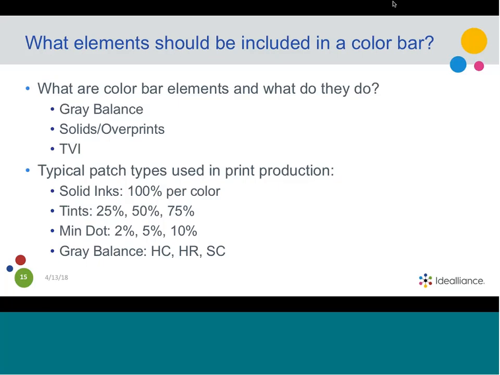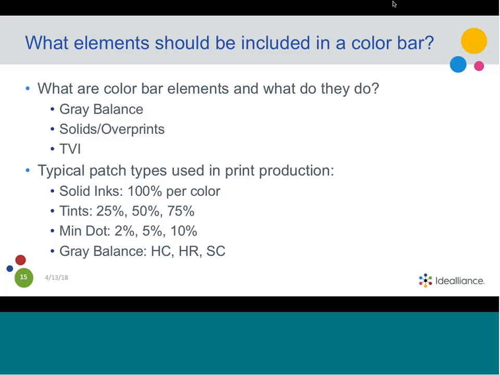But generally, in the world of G7, we're looking for gray balance to see if the overall color is correct. Usually looking for solids and overprints to see if the ink is correct and the ink acting with other inks, the overprinting, is correct. And dot gain is used not so much by the brands, but by the press operators for process control. So these are the typical things.